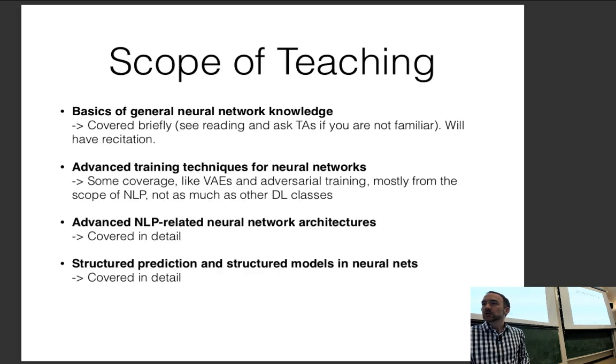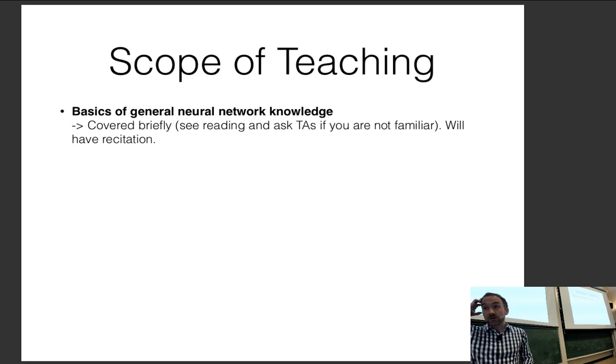So going back, scope of teaching. I kind of covered this a little bit already, but in terms of basics of general neural network knowledge, I'm going to cover this very briefly. The reason why is there's lots of classes on neural networks in CMU or other places, and I think a lot of people will have taken this already.